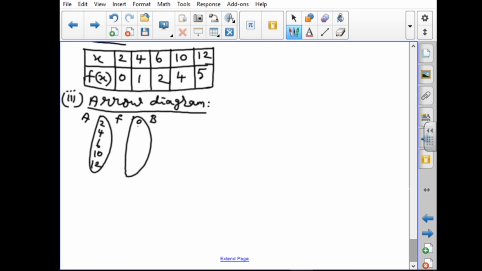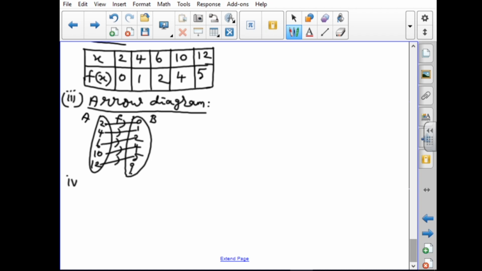Here, 0, 1, 2, 4, 5 and 9. See here, 2 goes to 0. So 2 to 0, then draw 4 comma 1, 6 comma 2, 10 comma 4, 12 comma 5. That's all. The element 9 has no pre-image, so you leave it. You have to write like this.